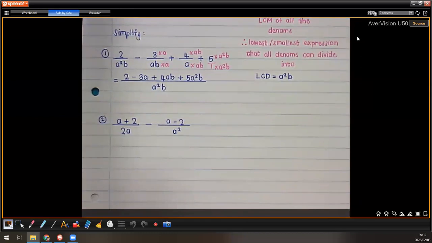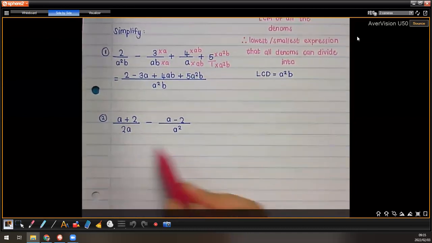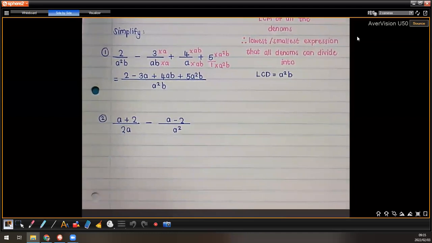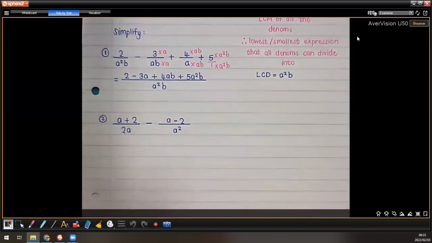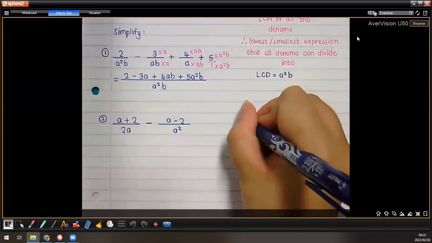Okay, we see that we have one fraction and we are subtracting another one, so we need to find the LCD, right? Everything that appears in the denominators needs to be a part of your LCD. So that 2, for example, needs to be in the LCD, because for 2a to divide into something, there needs to be a 2. So the LCD is going to have a 2.